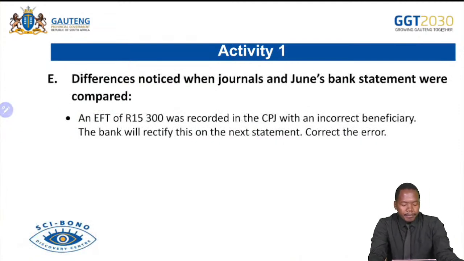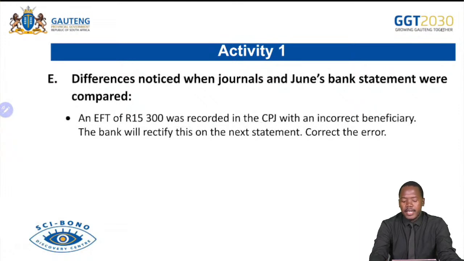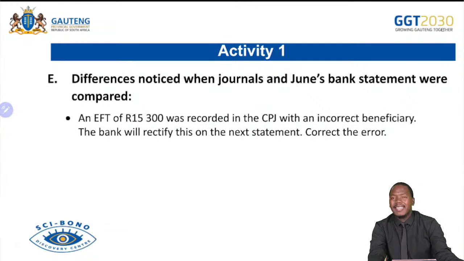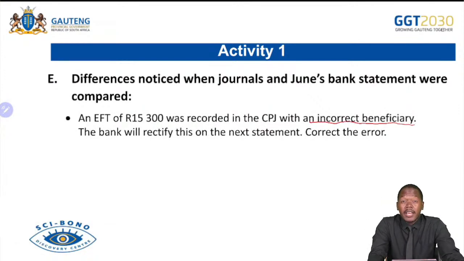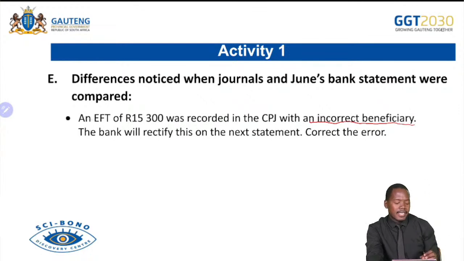Moving forward, we're having information E. Differences noted when January's and June bank statements were compared. An EFT of 15,300 was recorded in the cash payment journal with an incorrect beneficiary. So we're having an incorrect beneficiary. This is incorrect recording, and this is an EFT.